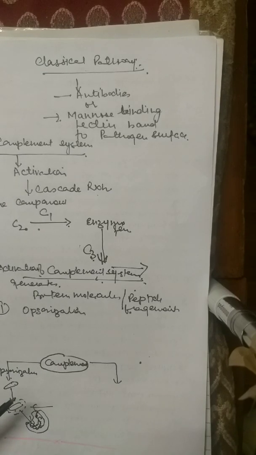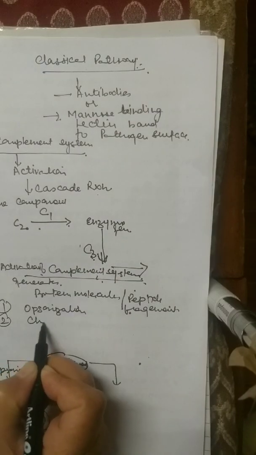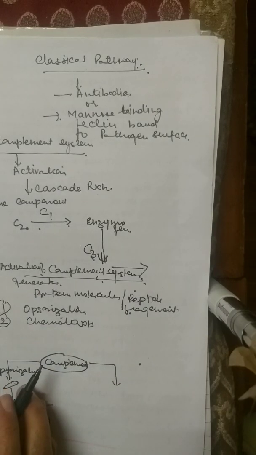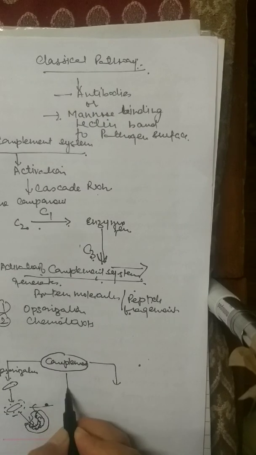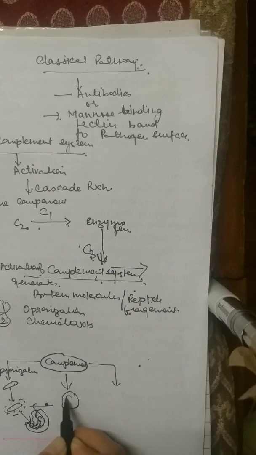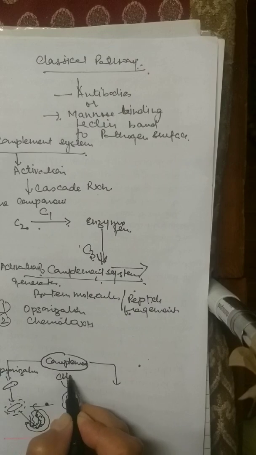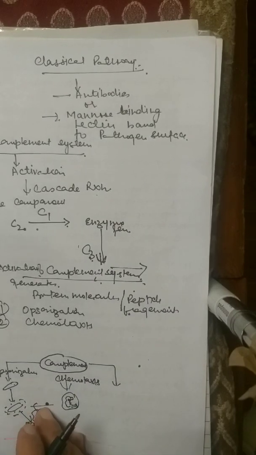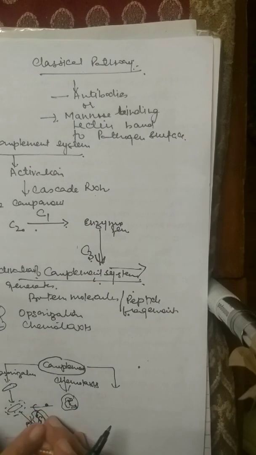So this is opsonization. Then there is chemotaxis, that means attraction of phagocytes to the site of infection. These phagocytes are attracted to the site of infection. So that is chemotaxis. And third is lysis.